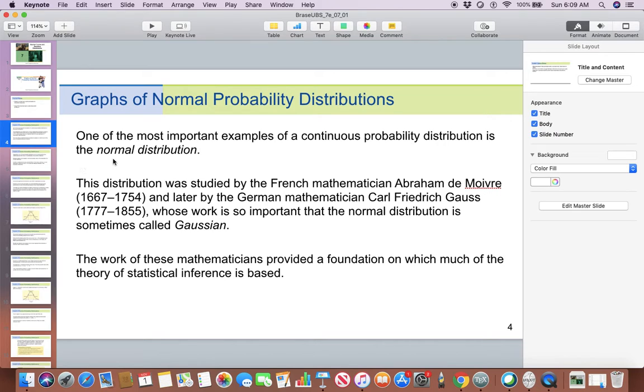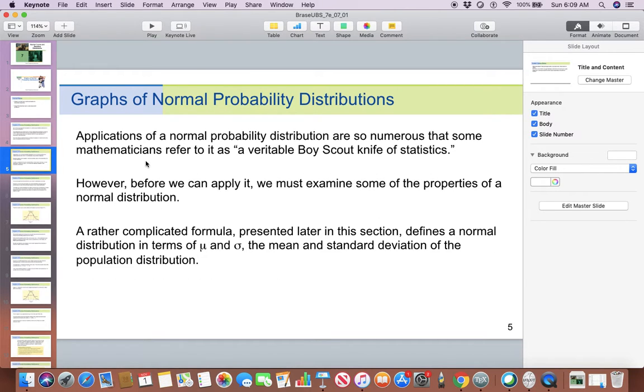Okay, we want to look at the normal distribution. Let's figure out what it is. Applications of a normal probability distribution are so numerous that some mathematicians refer to it as a veritable Boy Scout knife of statistics. However, before we can apply it, we must examine some of the properties of a normal distribution.